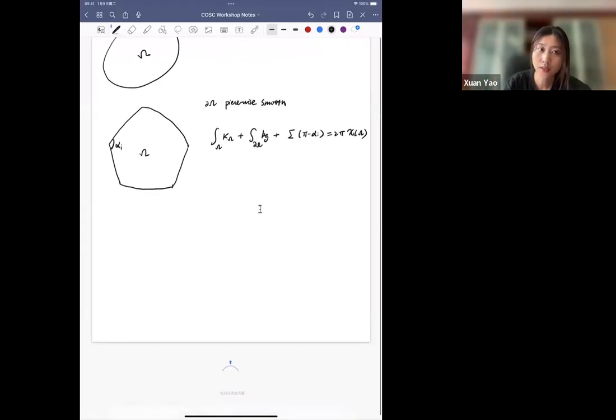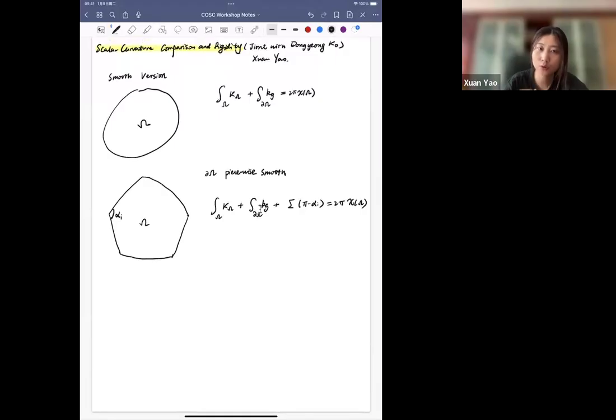Actually, we have an intuitive understanding of the piecewise smooth version of the Gauss-Bonnet formula.